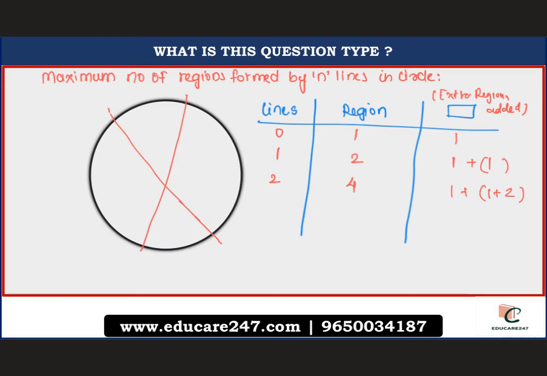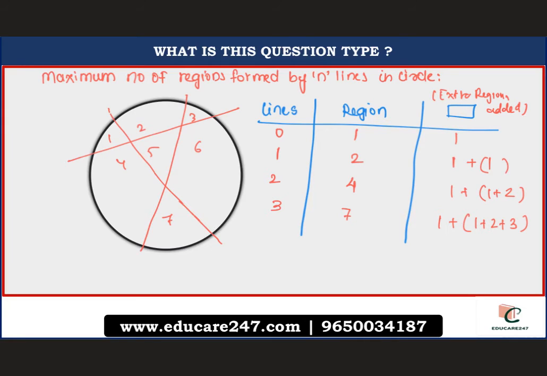Now we draw the third line. How many regions are formed now? We'll have 1, 2, 3, 4, 5, 6 and 7. So a total of 7 regions are formed. I will again write this as 1 as it is, plus 1 plus 2 plus 3, and this adds up to 7.